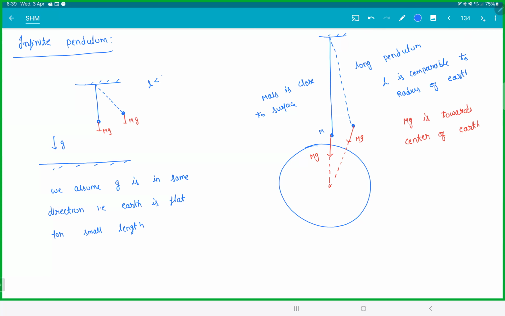So here L is much smaller than capital R. So what you have studied till now is case 1. What happens if you have a really long pendulum? Is the diagram clear? So let's see how the restoring forces act on this.